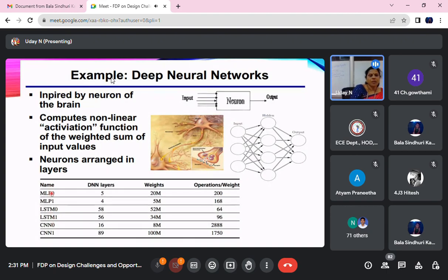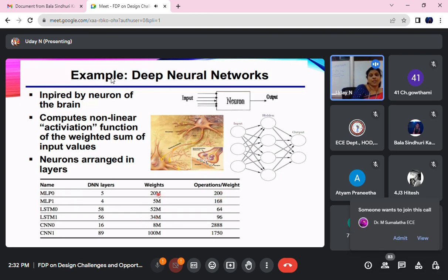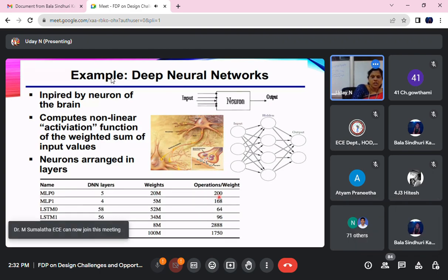If you take MLP0, it has 5 layers. Whenever it has 5 layers, it is definitely a deep neural network because the number of layers is more than 3. In a 5-layer deep neural network, we will have 20 million weights and 200 operations per weight. So the total number of operations is 20 million into 200, which is around 4,000 million operations for a 5-layer neural network.